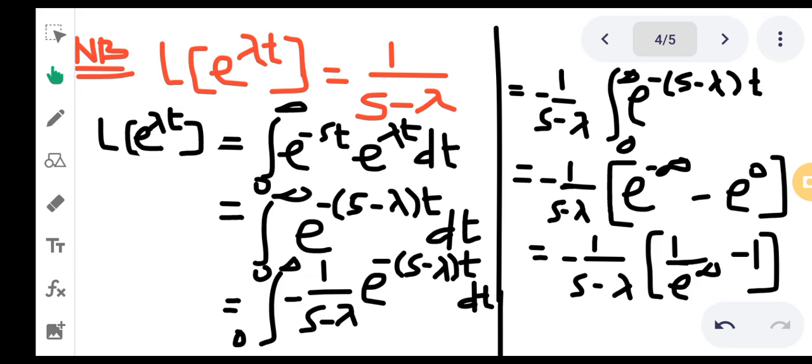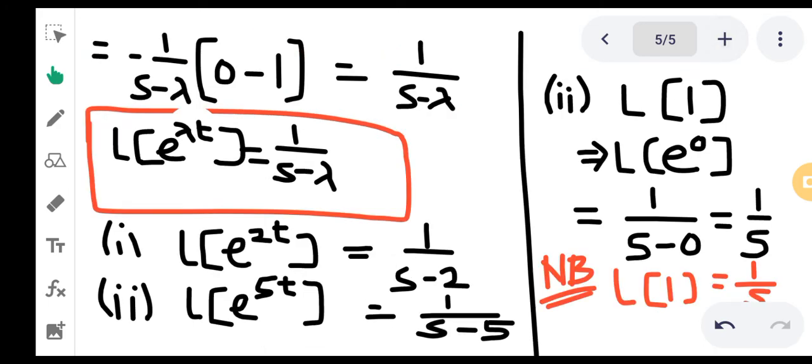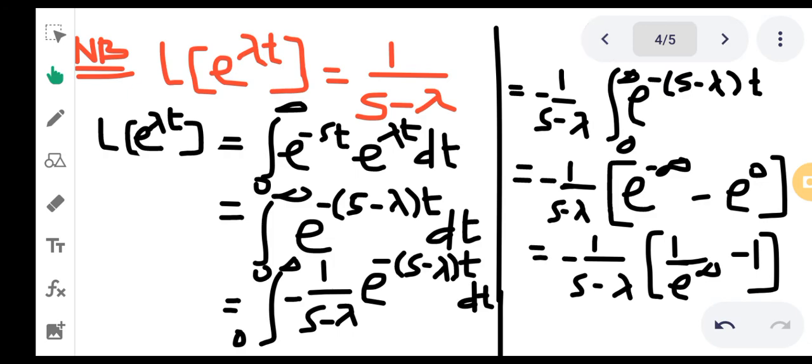And e exponent 0 is 1, so you are getting minus 1. Let's simplify this. You know that 1 over infinity is 0, and 1 over 0 is infinity. Just keep that in mind. So 1 over e exponent infinity will yield 0, so the whole of this place will yield 0.